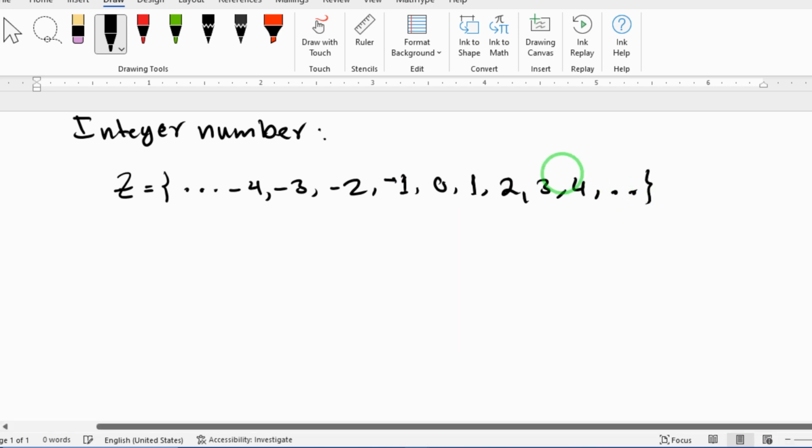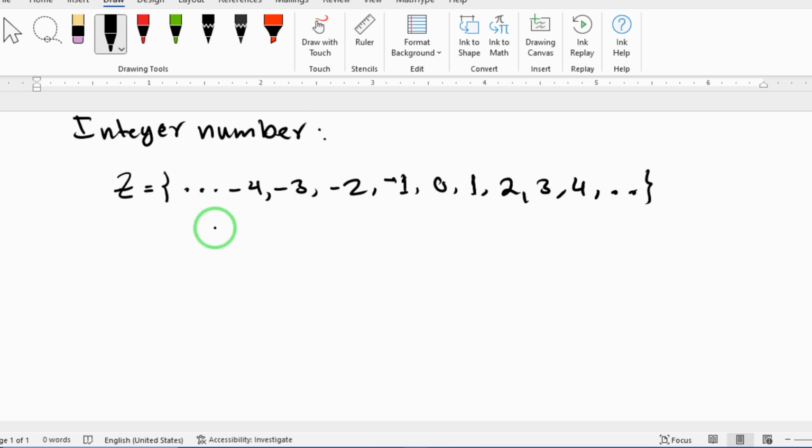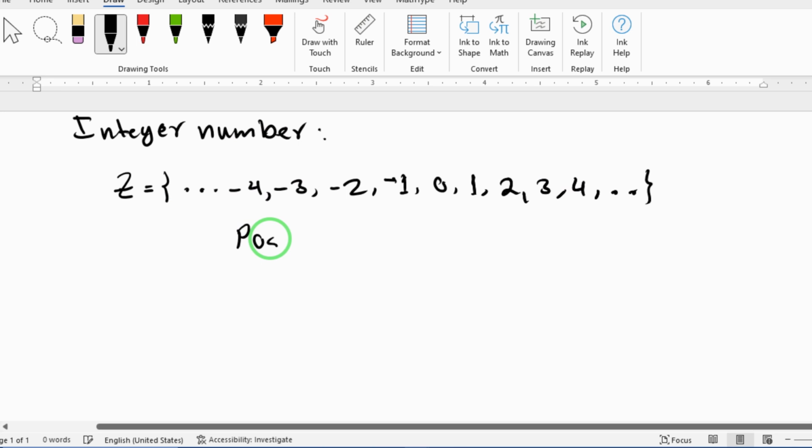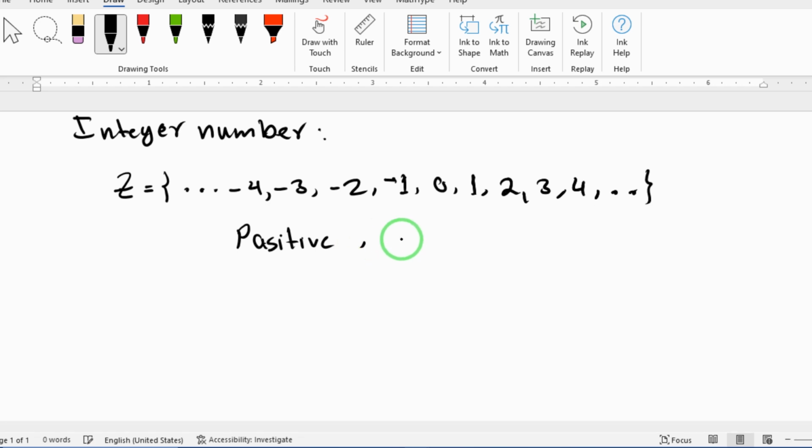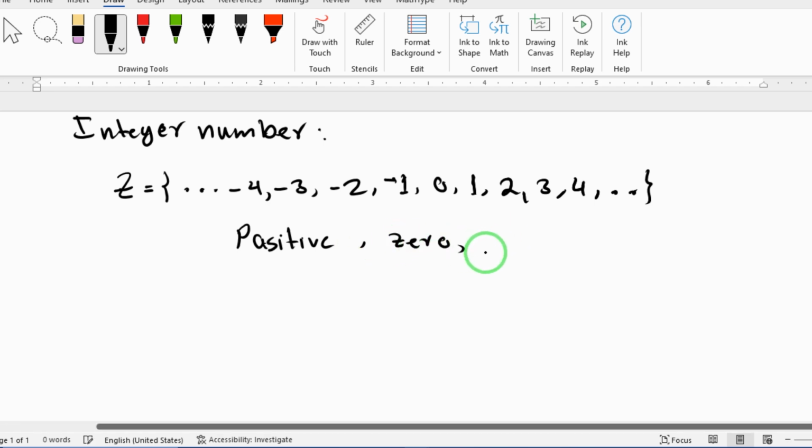These are called integer numbers. Integer numbers include positive or natural numbers, zero, and negative numbers.